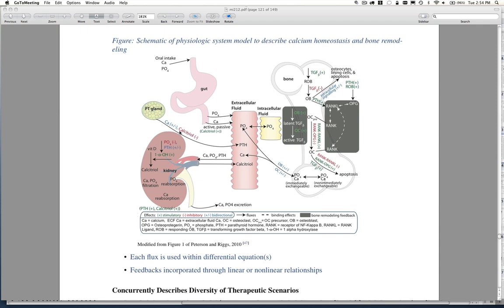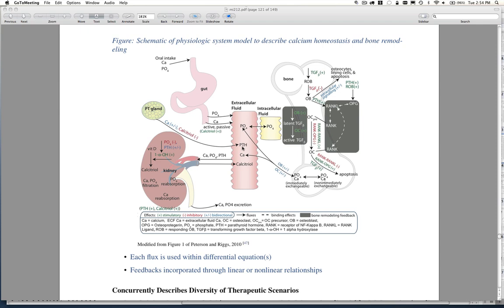So it looks really complicated. No way you can develop this so that it actually works mathematically. I thought that too at first, I have to admit, but amazingly, there's literally decades' worth of research. There were a lot of clamp studies done back in the 60s and 70s, where they would infuse calcium and look immediately at the response of the parathyroid gland in its production of PTH.